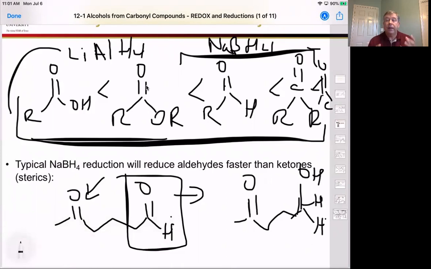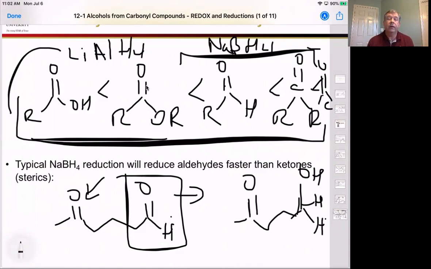Okay, so now we have selectivity in our reduction. We can reduce down just the ketone in the presence of a carboxylic acid or an ester. We can reduce down just the aldehyde in the presence of a ketone, carboxylic acid, or ester.